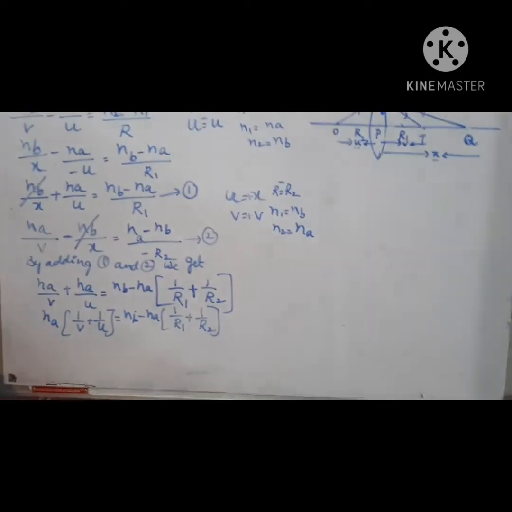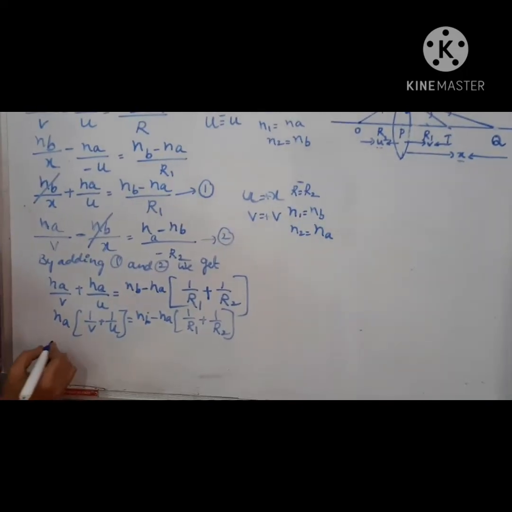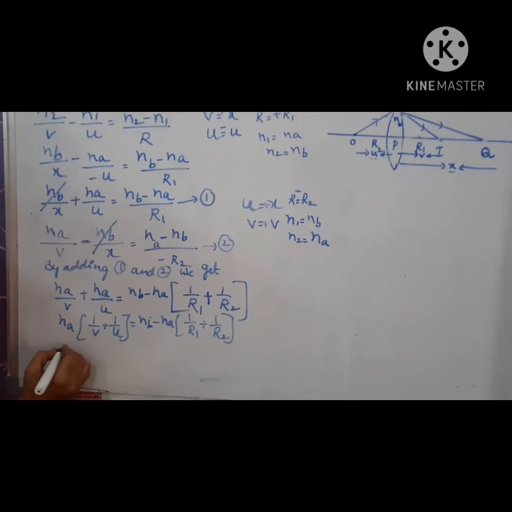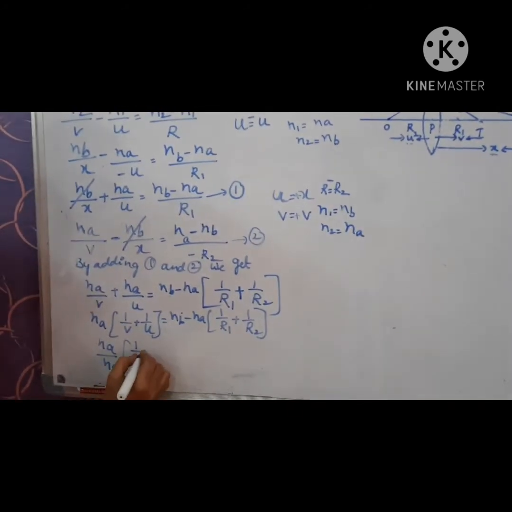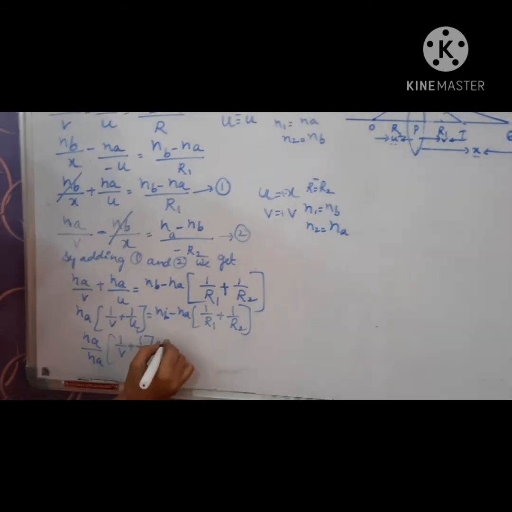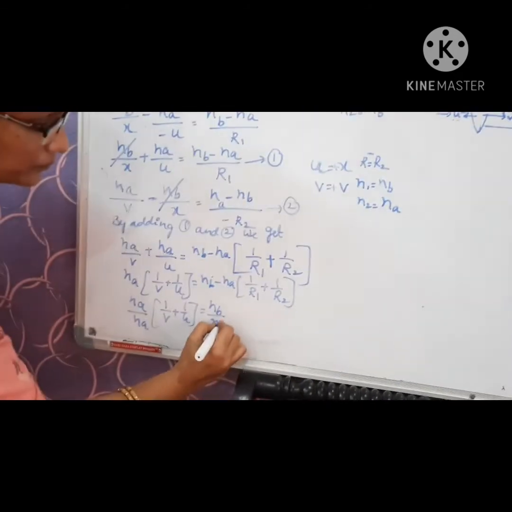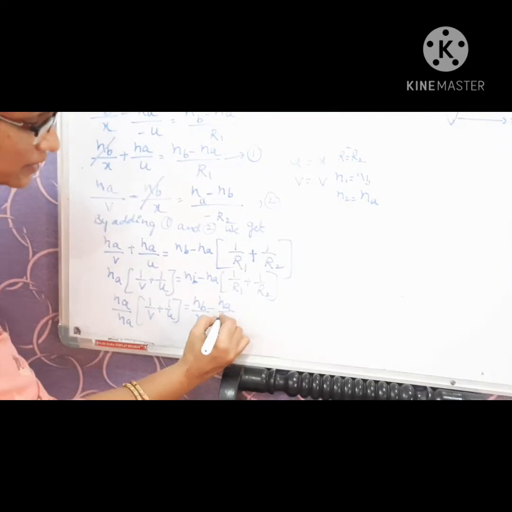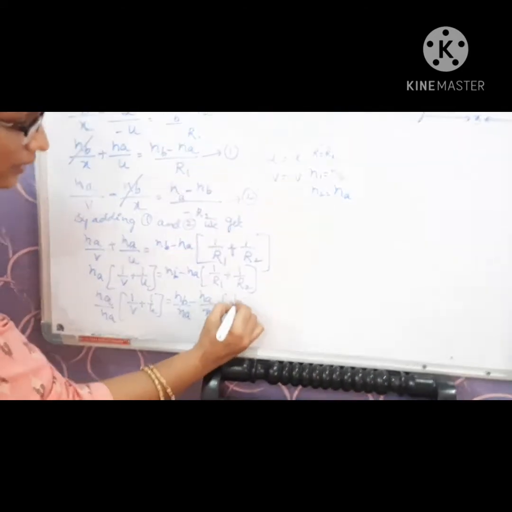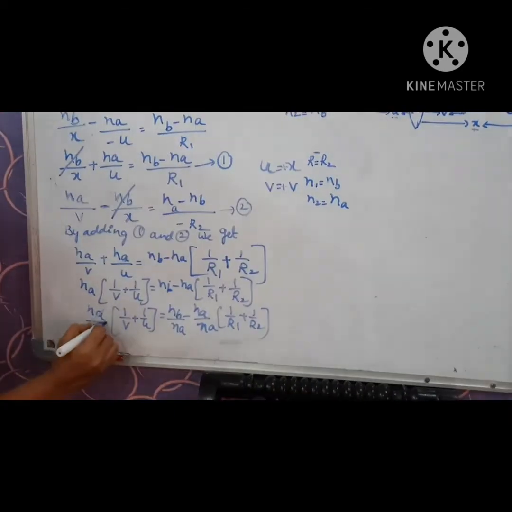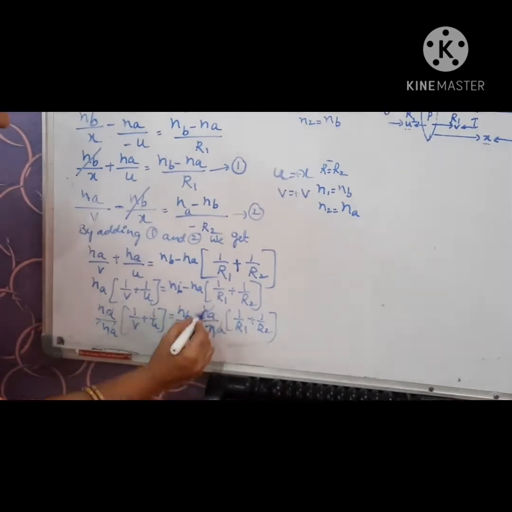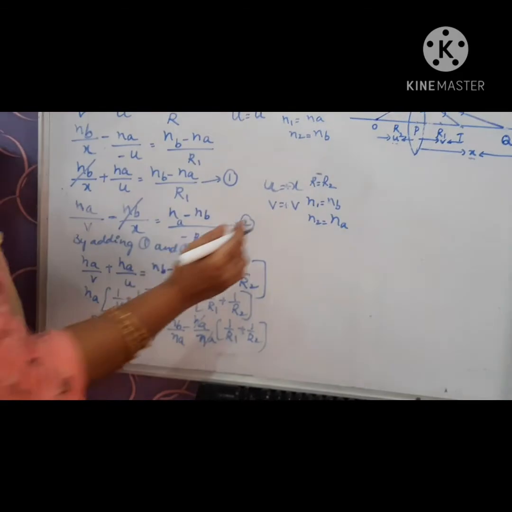By dividing this equation with Na, we will get Na by Na into 1 by V plus 1 by U is equal to Nb by Na minus Na by Na into 1 by R1 plus 1 by R2. So Na gets cancelled, Na also gets cancelled. What will we get?